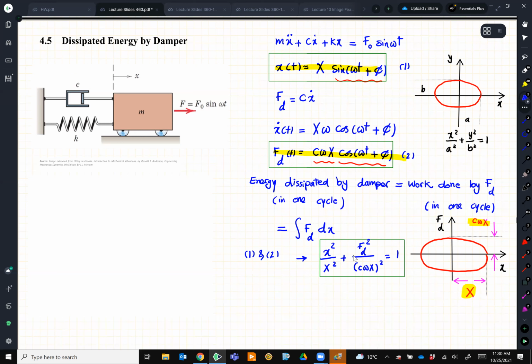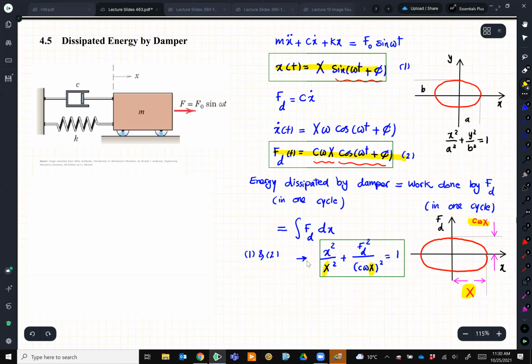So do you guys agree? Yes, please. The x's in the first term, are they both the same x? This one and this one? And the one in the first term of the ellipse.